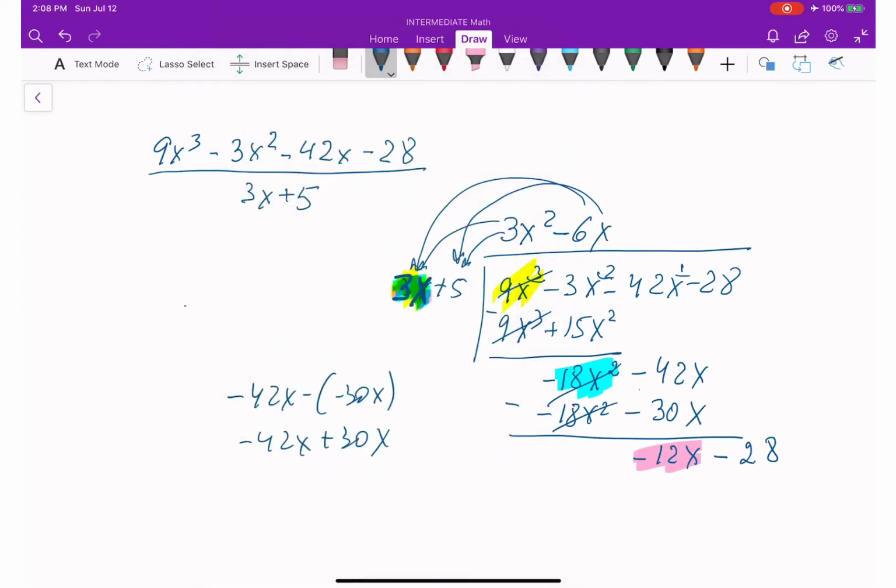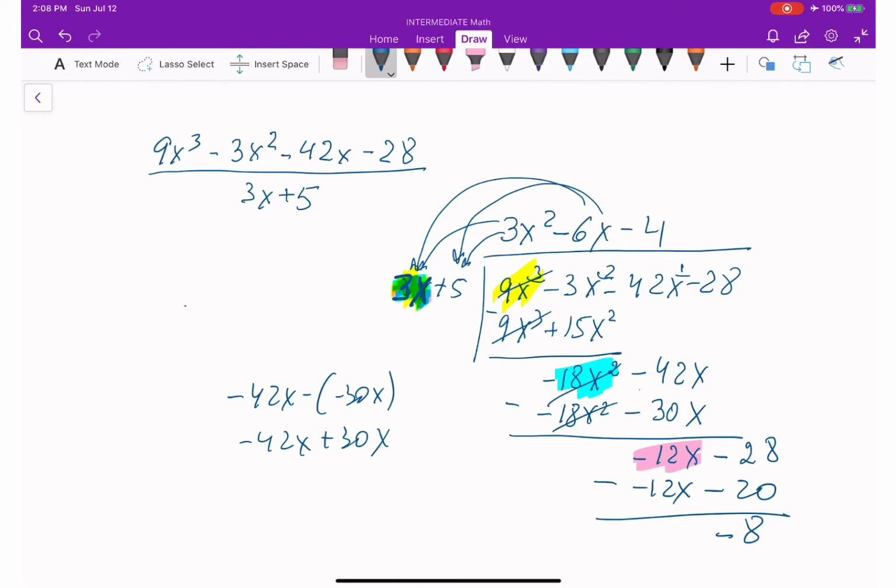So negative 12x divided by 3x is going to be negative 4. Negative 4 times 3x is negative 12x. Negative 4 times 5 is negative 20. We subtract. So negative 28 minus negative 20 is going to be negative 28 plus 20, which is going to be negative 8. Okay, we are done.